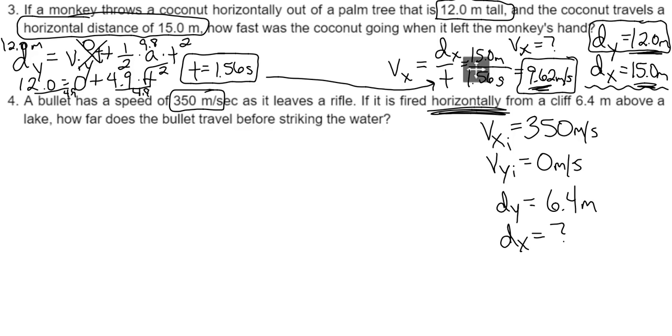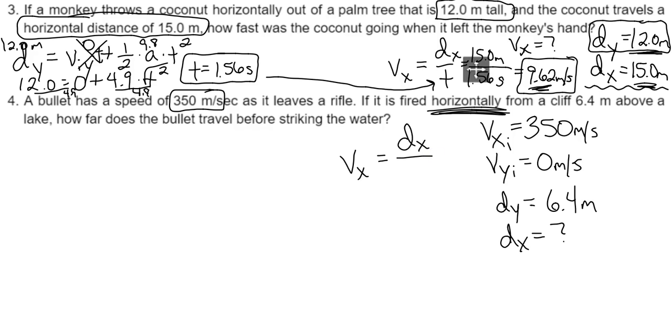So again, this is going to be a two-step problem. We first need to determine how long it spends in the air, and then we can determine how far it goes because our velocity in the x direction is equal to distance divided by time. The distance in the x direction is what we're looking for.